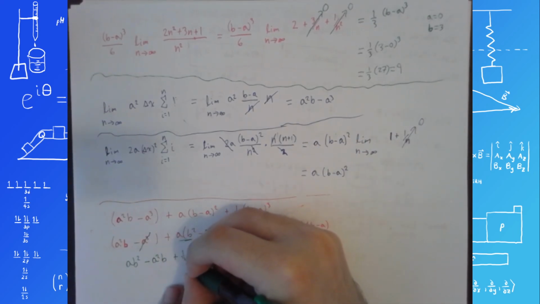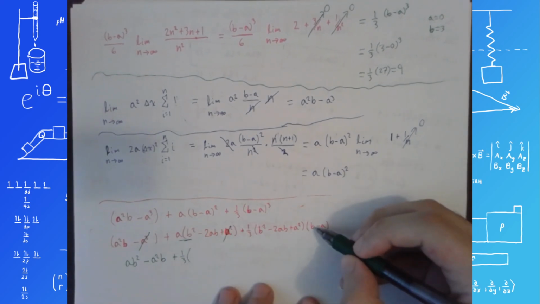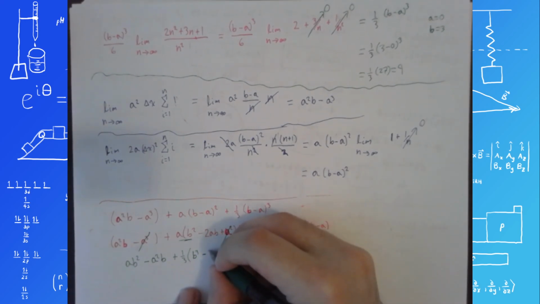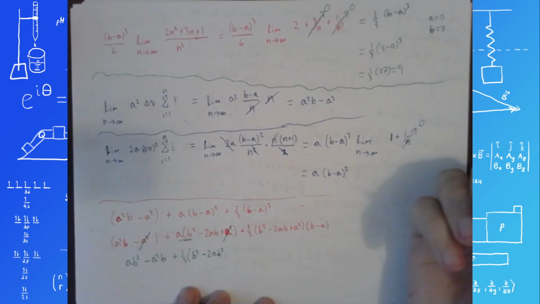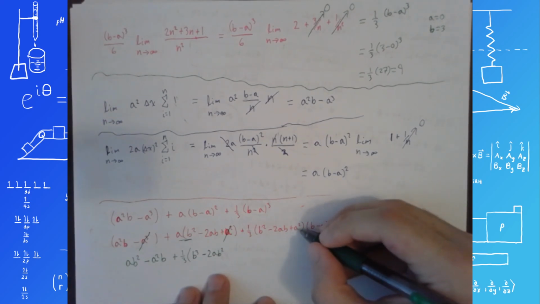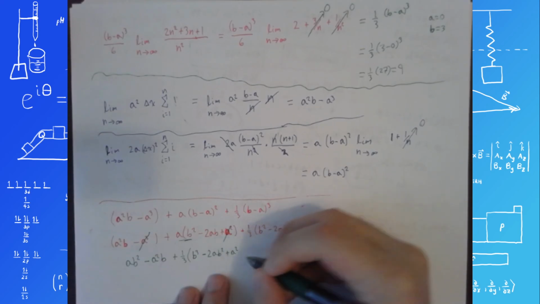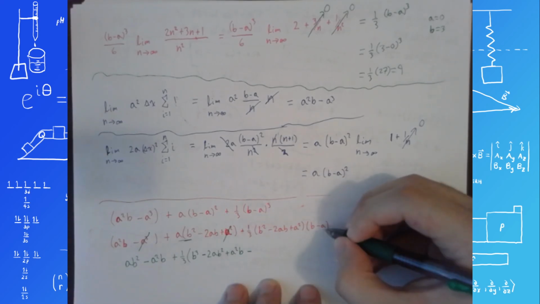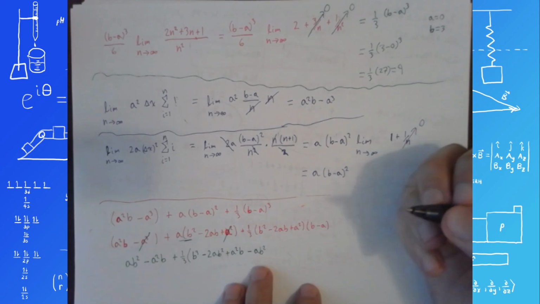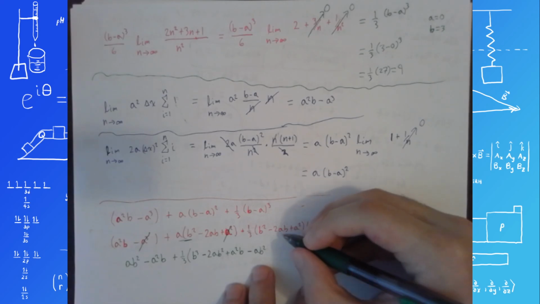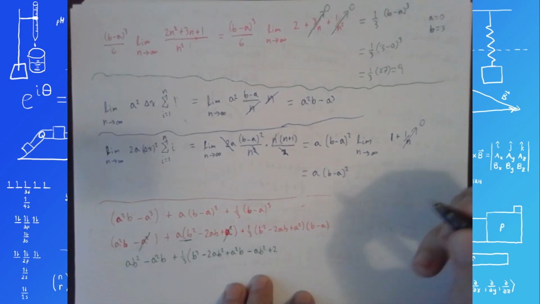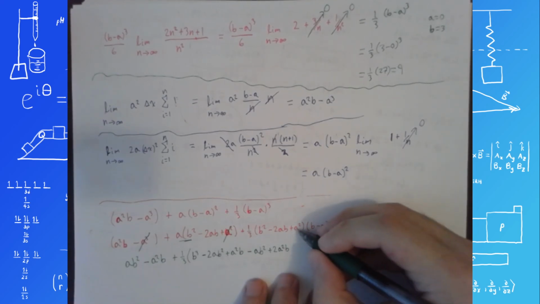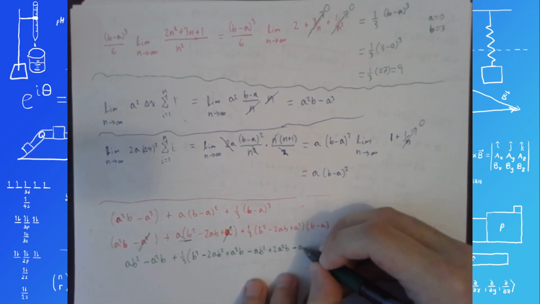Plus 1/3 of, here we go, b times all this stuff, so that's going to be b cubed minus 2ab squared plus a squared b, and then minus a times b squared, so minus ab squared, and then minus a times minus 2ab is plus 2a squared b, and then plus a squared times minus a would be minus a cubed.